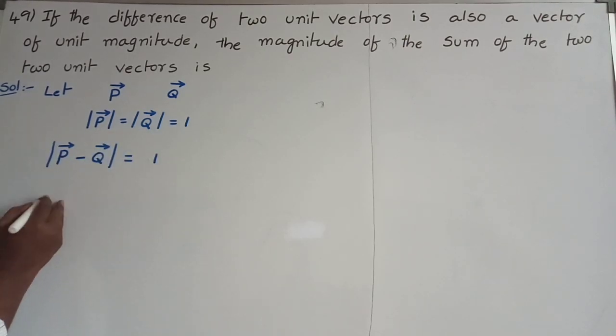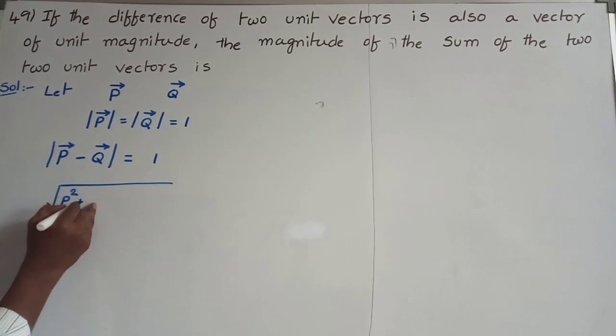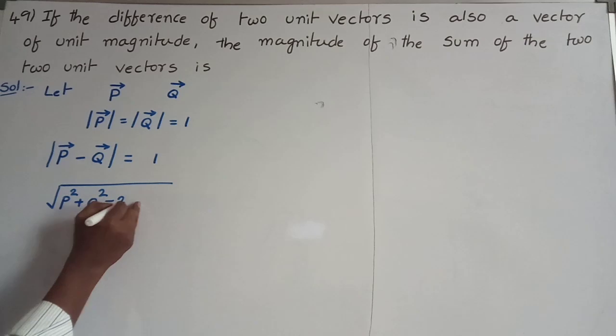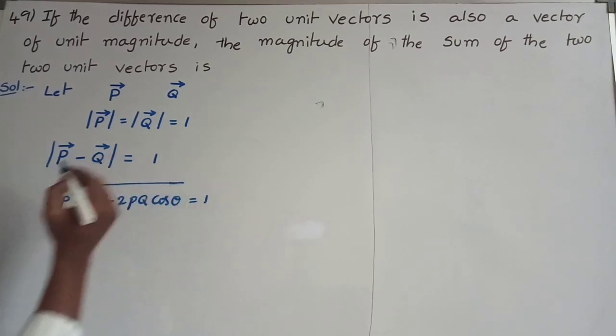So in this we can write under root of P square plus Q square minus 2PQ cos theta is equal to 1.